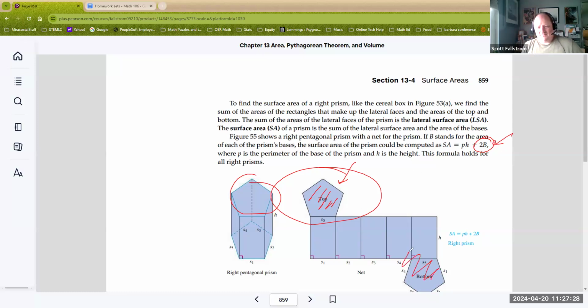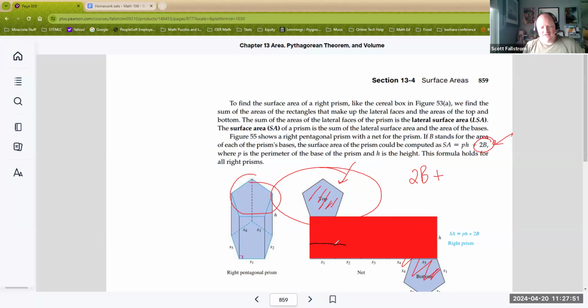So they have the top and the bottom. That's 2 area of the base plus. Now, this is where, again, take a look and see if you can spot it. What remains when I unfold everything into that net is one entire rectangle. And the rectangle is made up of what? Oops, I gotta switch back to my pen.